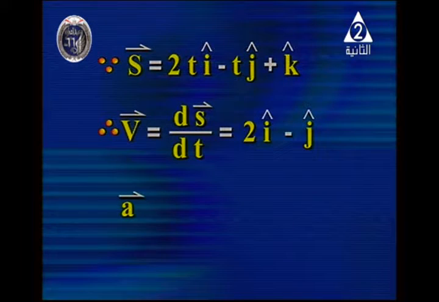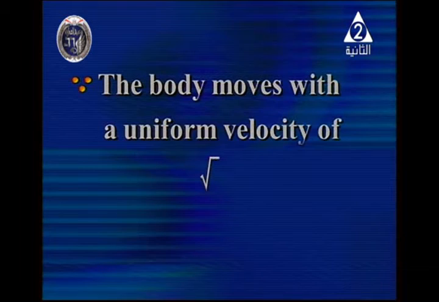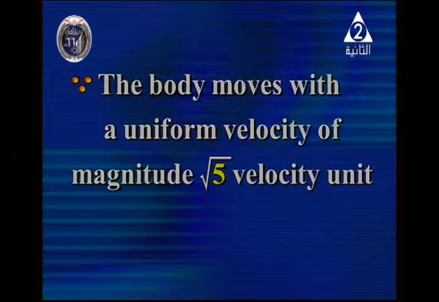Therefore, we find the acceleration by using the derivative of velocity with respect to the time t. Then, in this case, A equals 0. Why? Because V is constant, 2i minus j, and A, dV by dt, is the derivative of a constant, which equals 0. The body moves with a uniform velocity of magnitude √5 velocity unit.